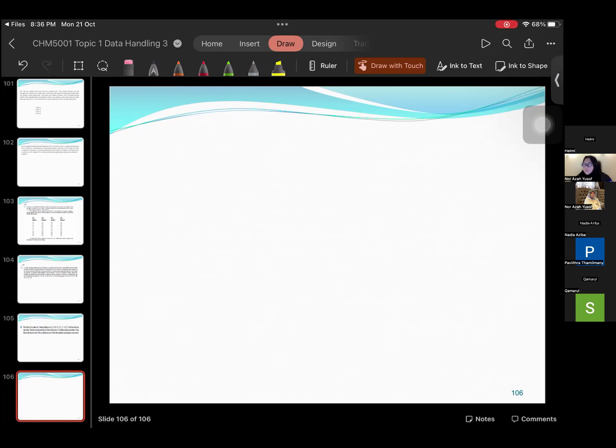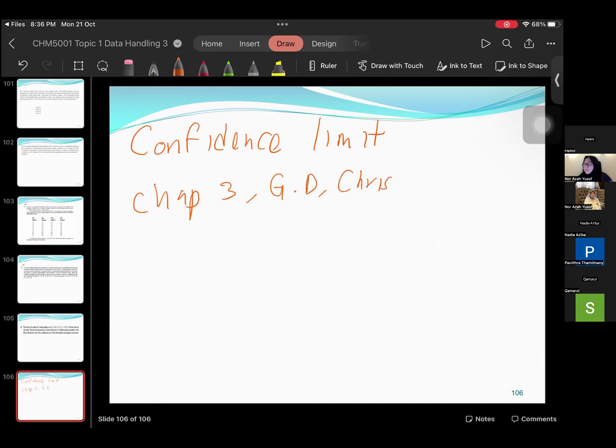After this, you should also read on confidence limits, which we don't discuss but is very important. It is in chapter 3 of G.D. Christian as well, page 84.